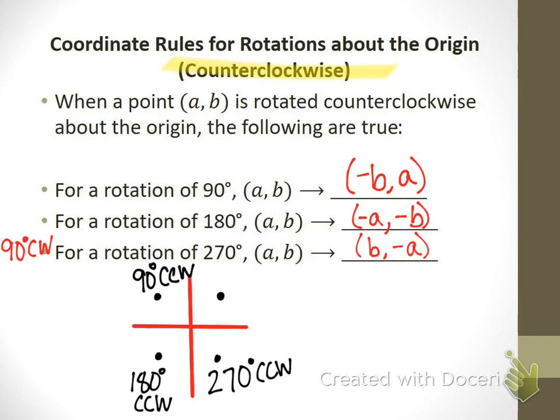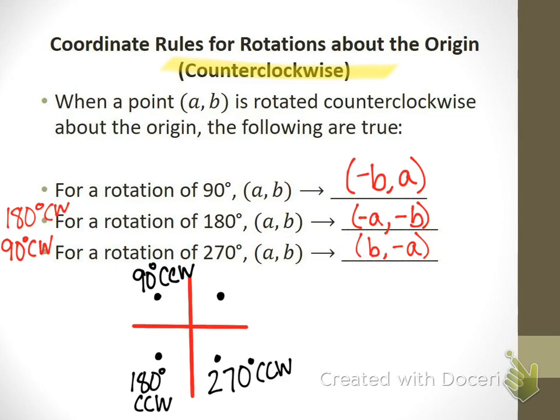If I went 180 degrees clockwise, that would be the same as what? Same as 180 counterclockwise. 180 degrees clockwise or counterclockwise would be the same thing. So this is going to be the same for 180 clockwise.